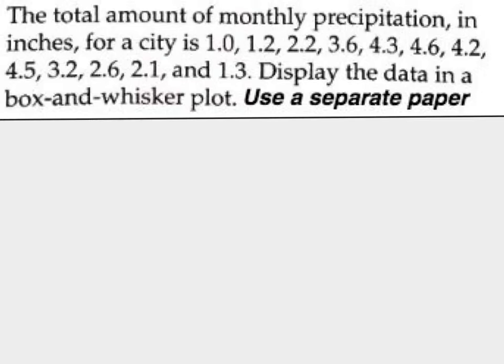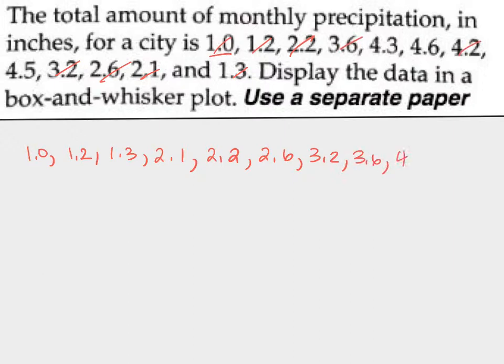So if I was to do this, the very first thing I have to do is organize it from least to greatest. The smallest number is 1.0, then comes 1.2, then comes 1.3, then we have 2.1, 2.2, 2.6, 3.2, 3.6, 4.2, 4.3, 4.5, and 4.6.